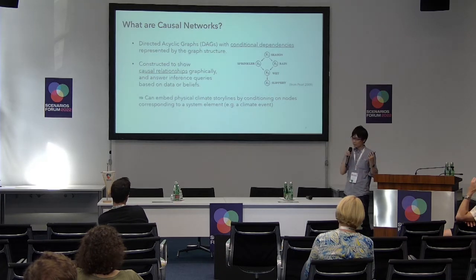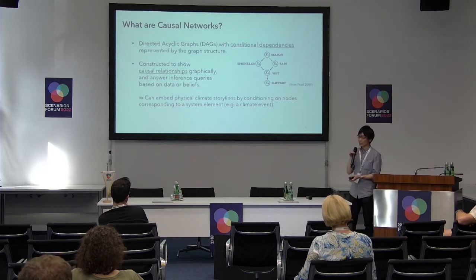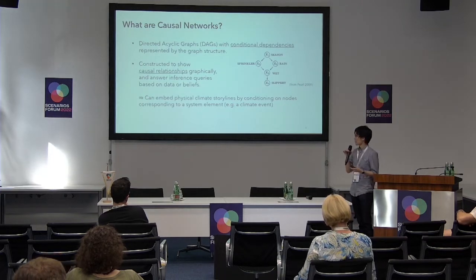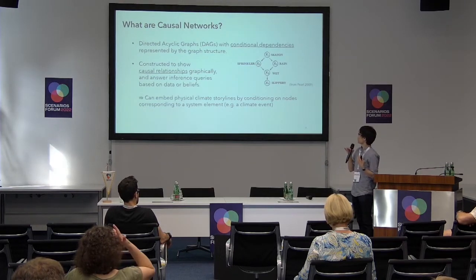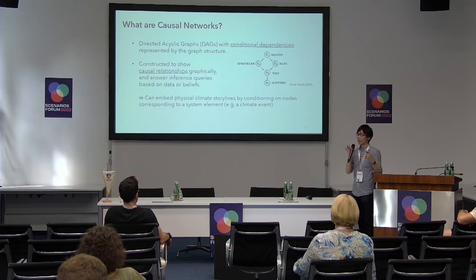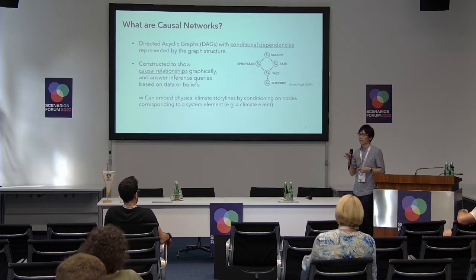The reason we want to combine physical climate storylines with causal networks comes from the fact that both have this conditioning nature. As I said, causal networks are conditional, assigned conditional probabilities, whereas climate storylines are analyzed based on a given climate event or a given climate condition.